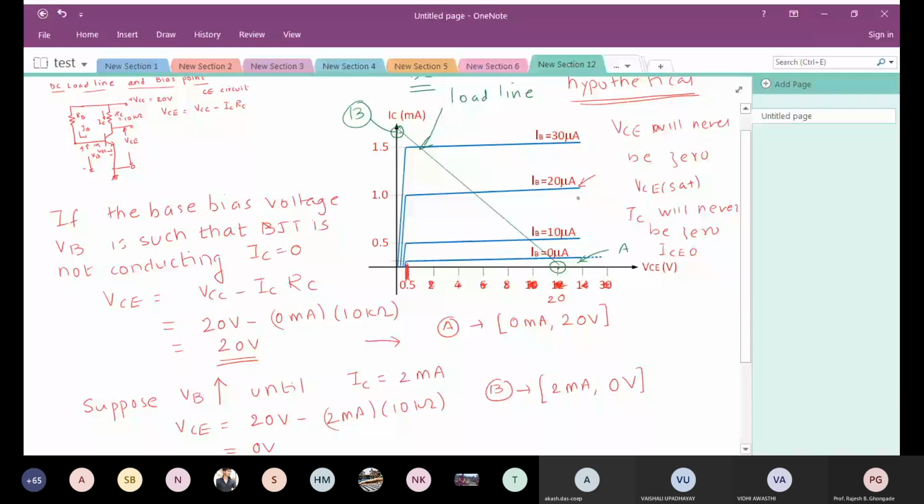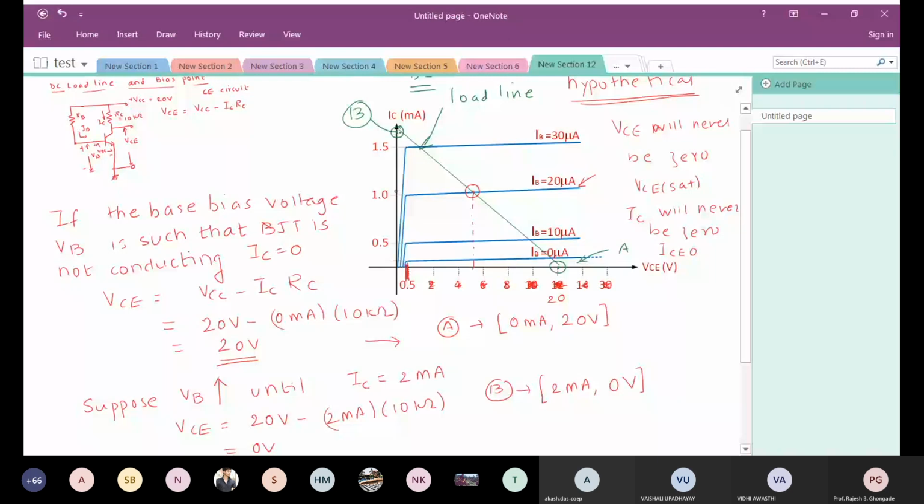For example, here in this case, if I set the base current IB to 20 microamperes, I can immediately find out the voltage across the collector and emitter at this point, and the collector current.